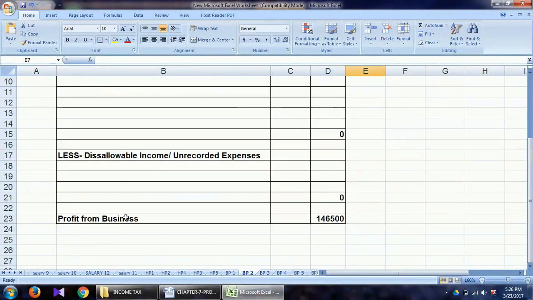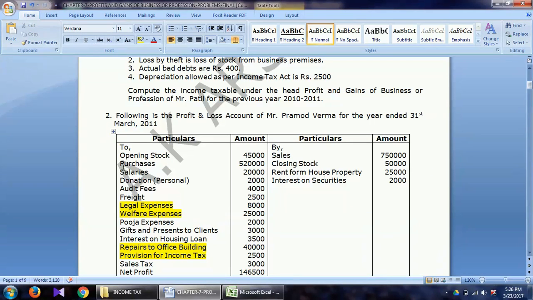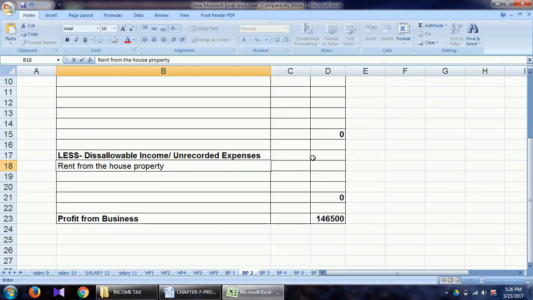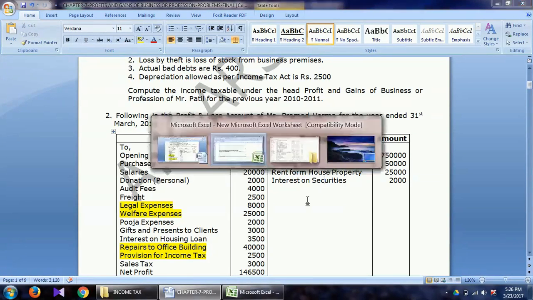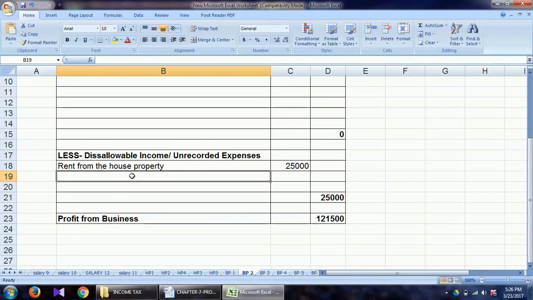So, in this sum, I will write rent from the house property, 25,000. Interest on securities, 2,000.